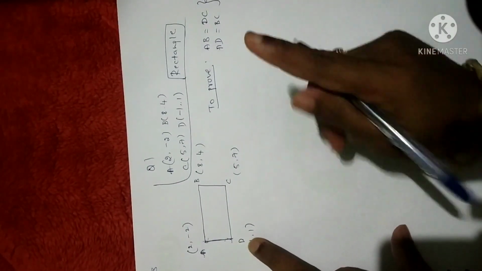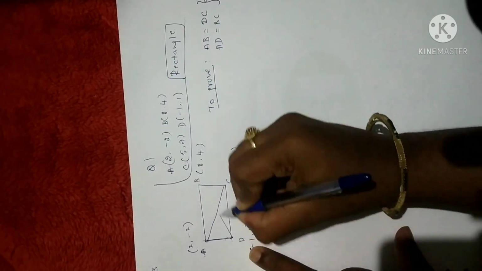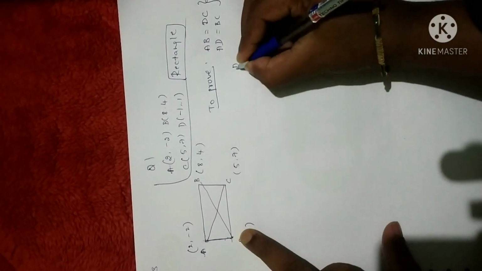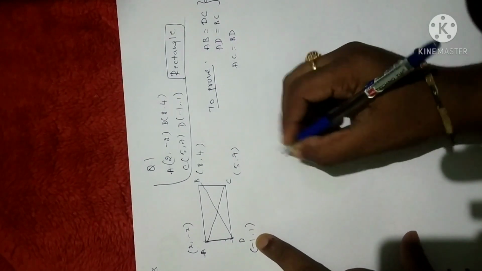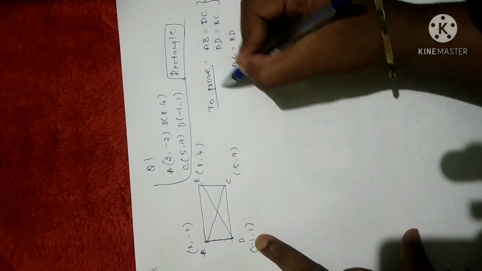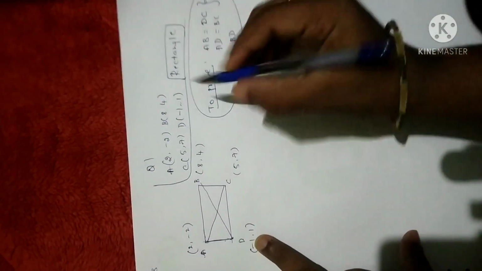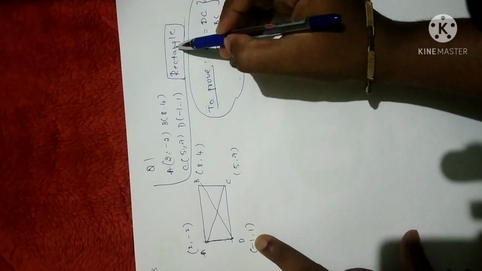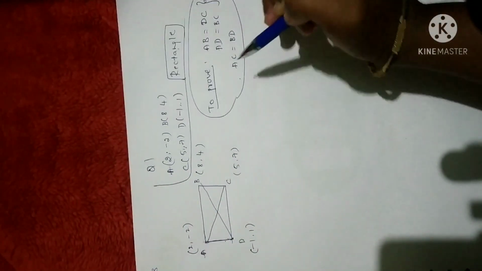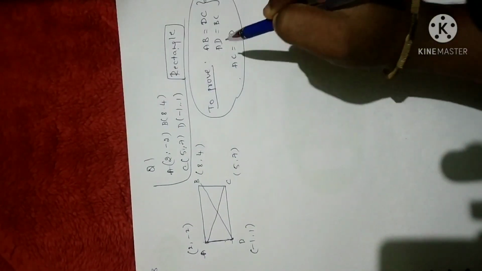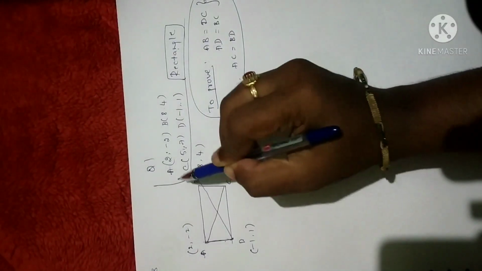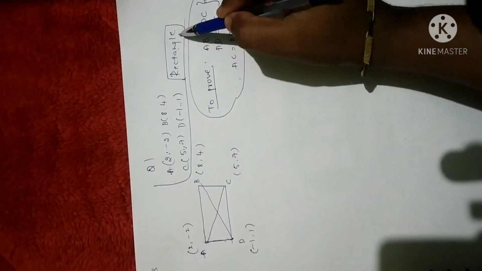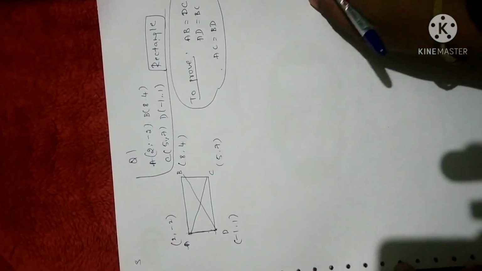Now remember, I have to prove diagonals. In a rectangle diagonals are also equal, in the sense I have to prove AC is equal to BD. So if these vertices satisfy this condition, I can say these vertices form a rectangle. If these points do not satisfy the given condition, I can clearly write the given points do not form the vertices of a rectangle. Now let me check.